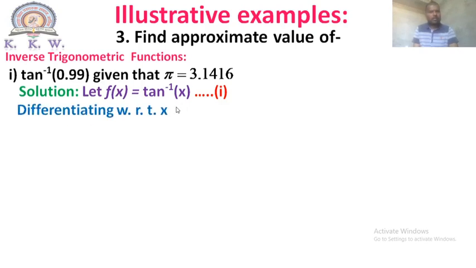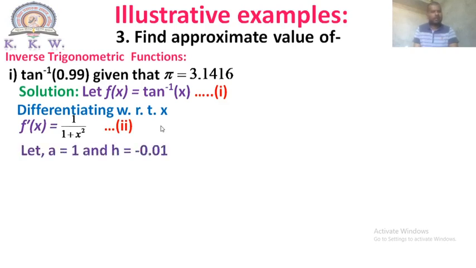Now differentiating it with respect to x, derivative of tan inverse x is 1 upon 1 plus x square. We are finding the value of A and H. Find the value of A, it is near to 0.99 equal to 1. Therefore, A is equal to 1. 0.99 minus 1 is minus 0.01. Therefore, value of H is minus 0.01.